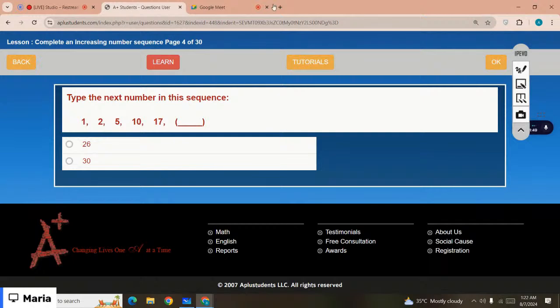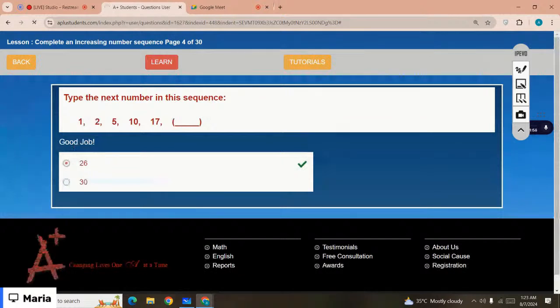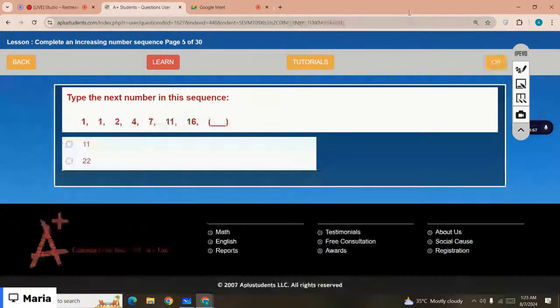The correct option is 26. Option number 1 is the correct option. Okay, type the next number in the sequence.